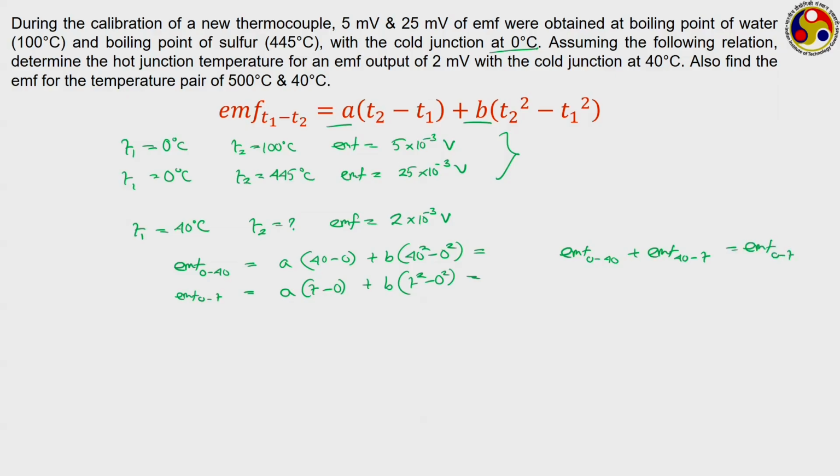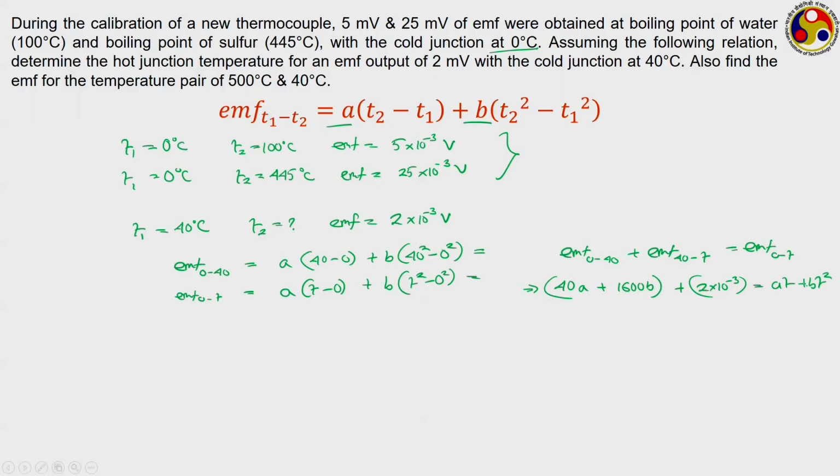Here the EMF corresponding to 40 to T is given. So, if we put those values, EMF 0 to 40, in our notation, is 40A plus 1600B, plus the EMF corresponding to 40 to T, that is given as 2 into 10 to the power minus 3, that will be equal to AT plus BT square.